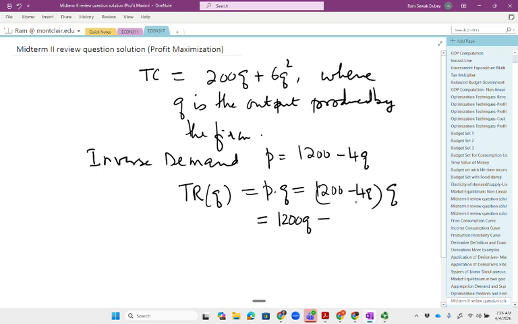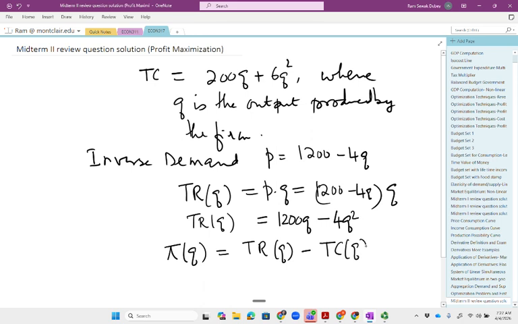Then I have a minus, so minus 4Q times Q is 4Q square. So now I have the total revenue as a function of quantity. I also know the total cost as a function of the quantity. So the profit when the firm sells quantity Q is the total revenue for quantity Q minus total cost for quantity Q.